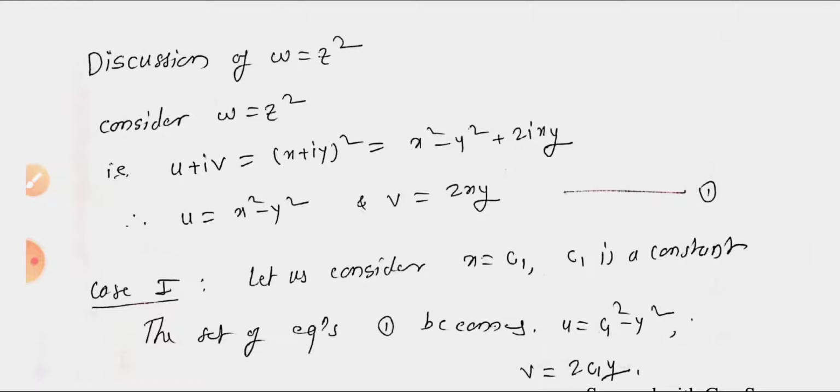Then the set of equations 1 can be written as u equal to c1 square minus y square and v equal to 2 c1 y.